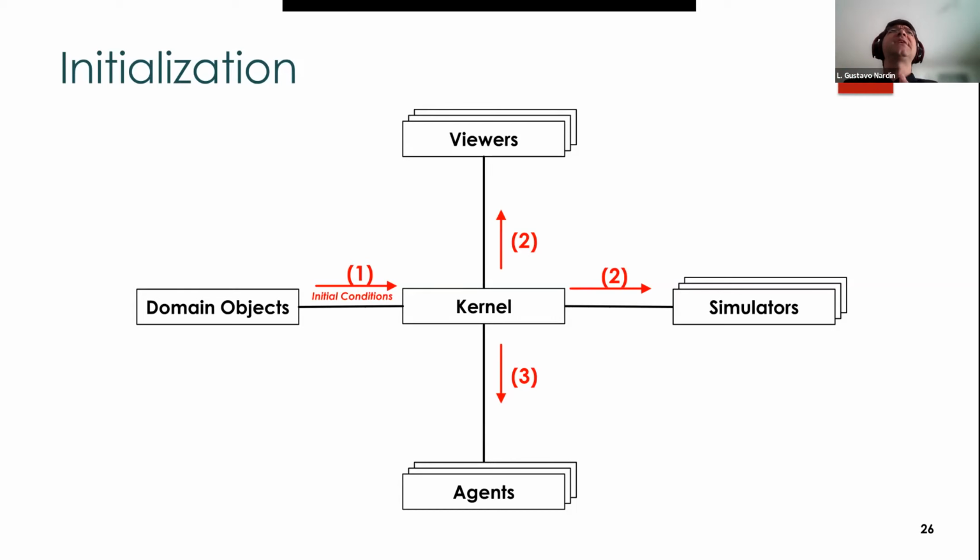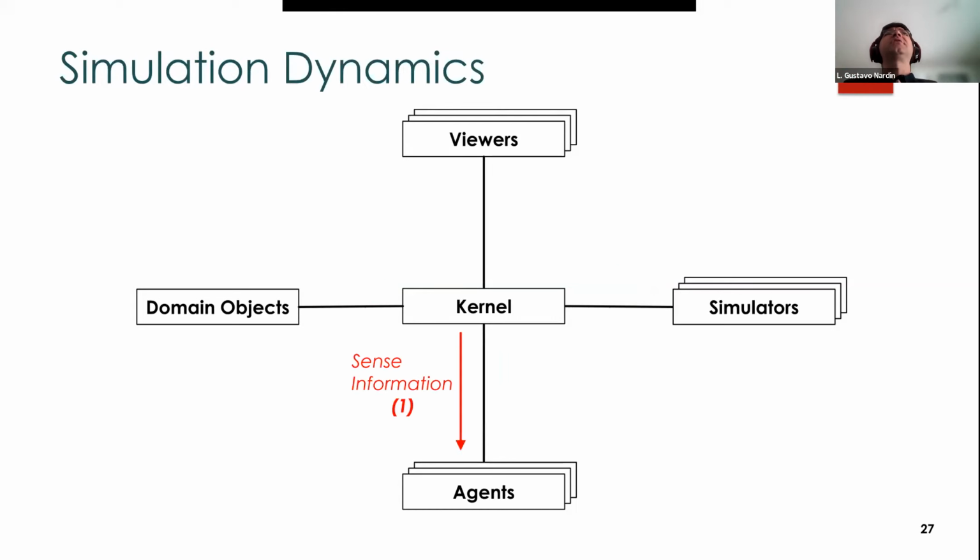Once the initialization happens, then we start what we call the simulation cycle. And the simulation cycle of the RoboCup Rescue starts with the kernel sending the sense information to the agent. Remember that I said that the agents have a range of perception.